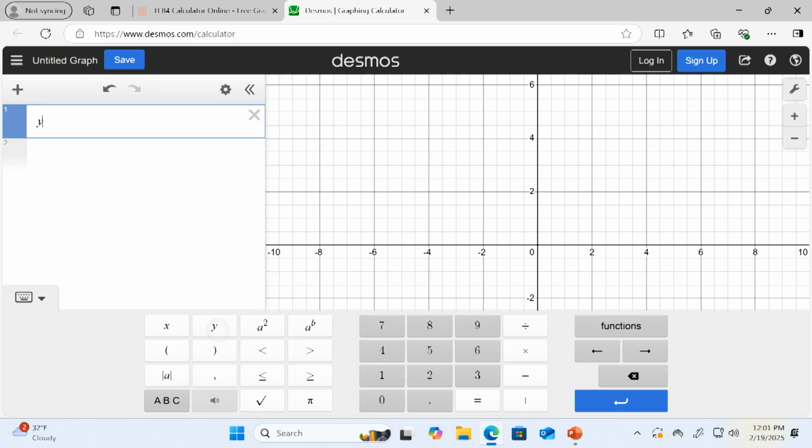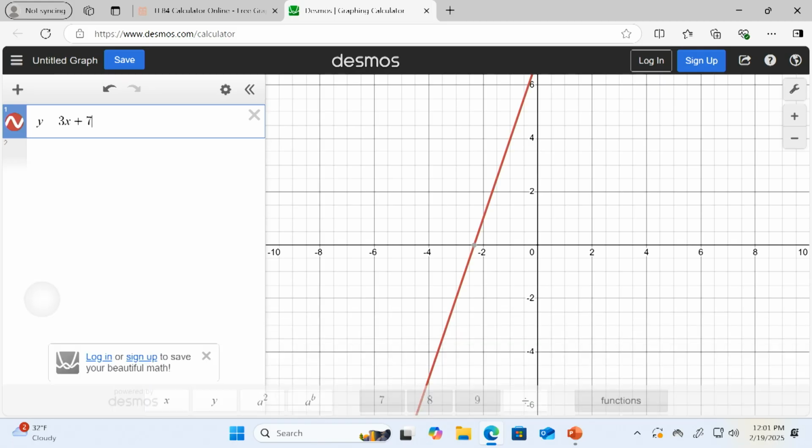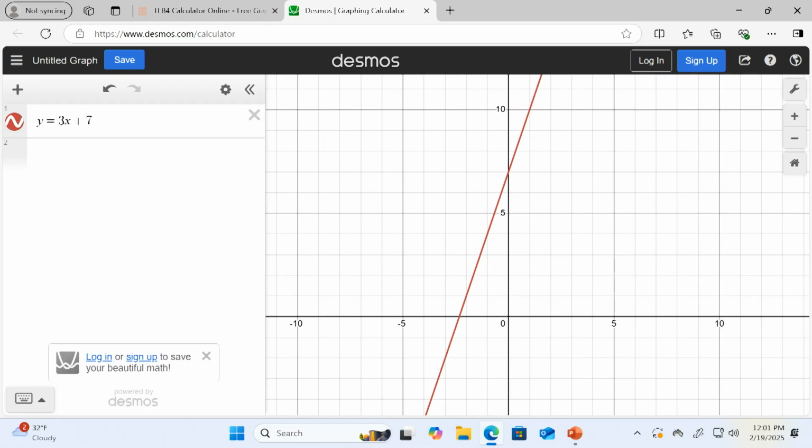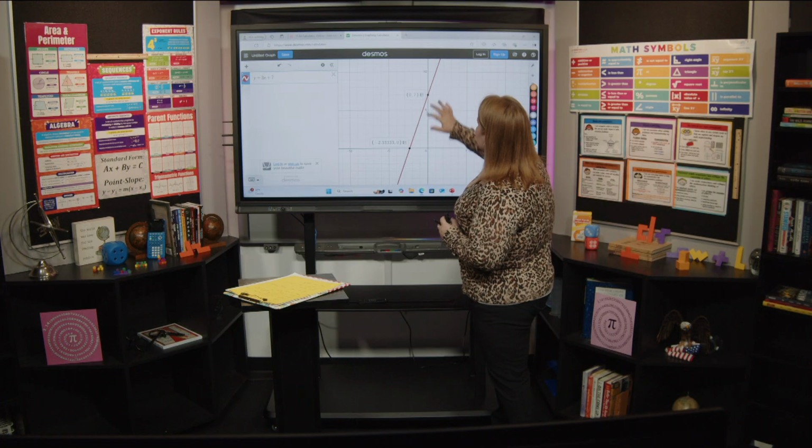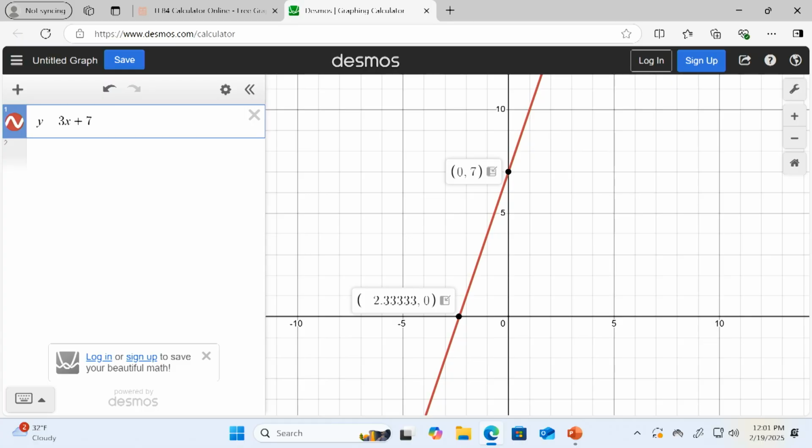If I had y equals 3x plus 7, here we go. Looking at our graph, we can see where it connects with our y-axis and our x-axis, and if we tap on those, it will show where they cross these axes.